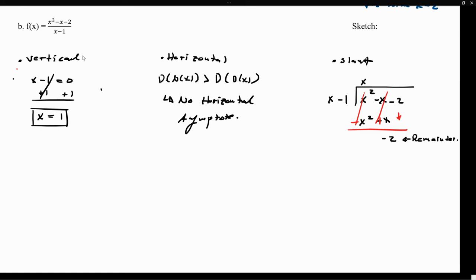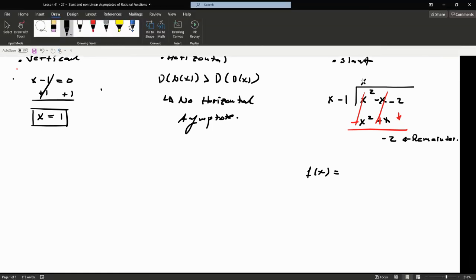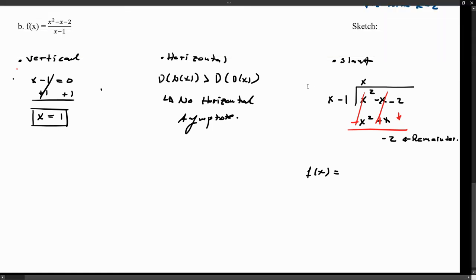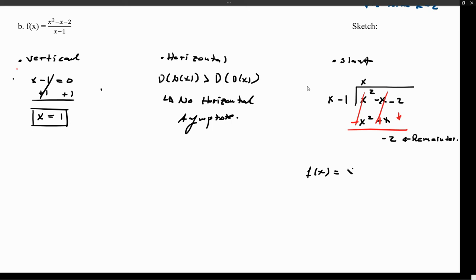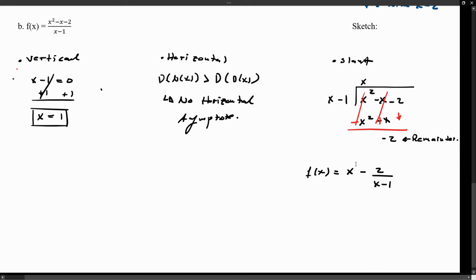So what we have shown is that this function f of x, I can rewrite it as what I got from my division, which is x minus 2 over whatever we were dividing by. So we know that f of x can be written this way, and this is my remainder term. My remainder term is going to go to 0 as x gets larger and larger.